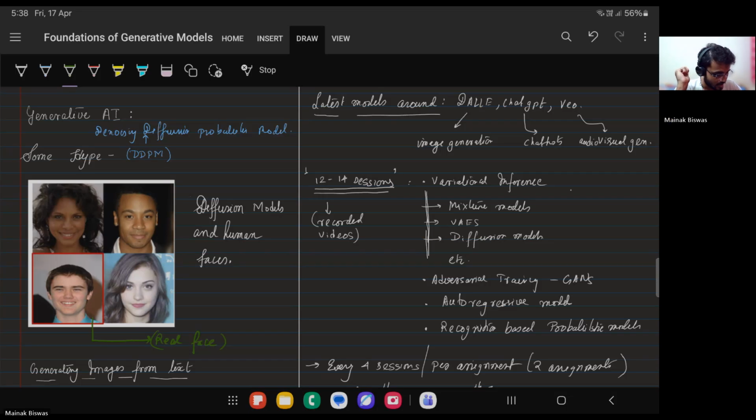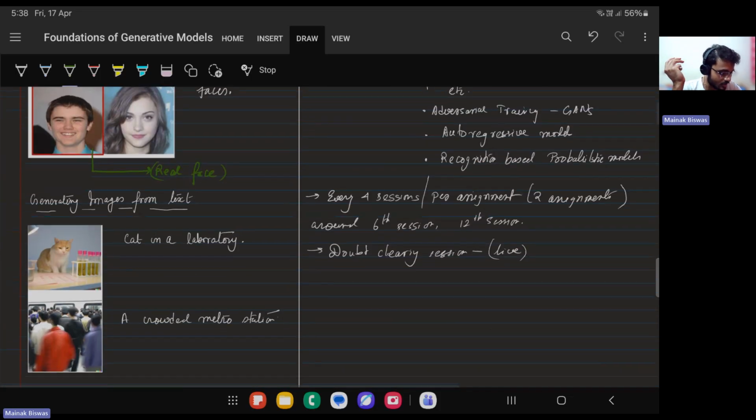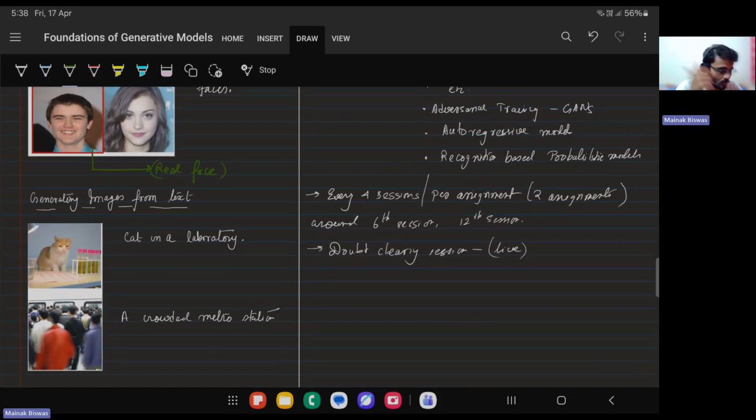So this is one of them, where you could create human faces. Wonderful. After this, we went to what is called stable diffusion.